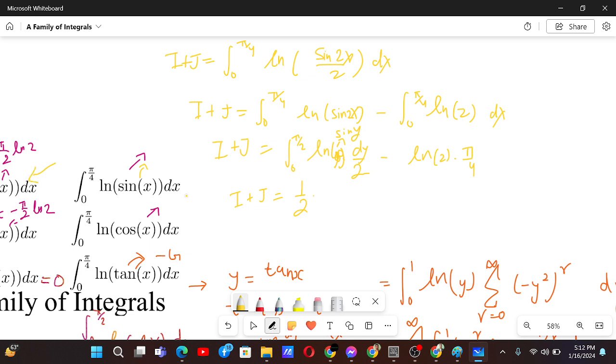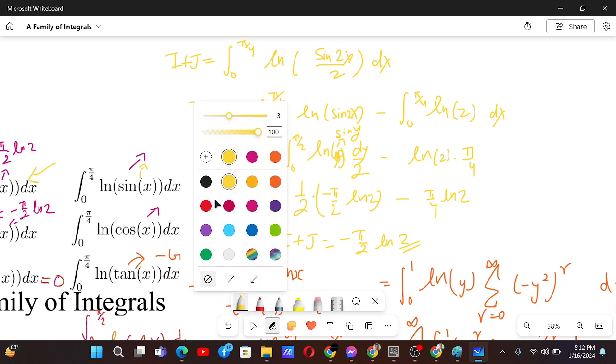We already did that, and the answer is minus pi by 2 ln 2. Minus this is pi by 4 ln 2. So both of them are minus pi by 4 ln 2, so their sum is minus pi by 2 ln 2.